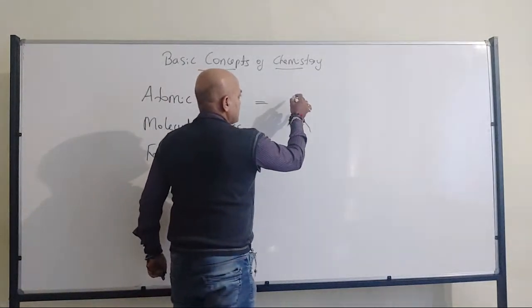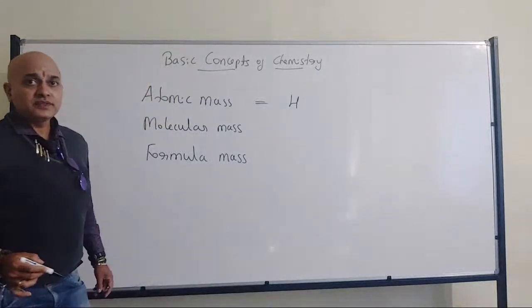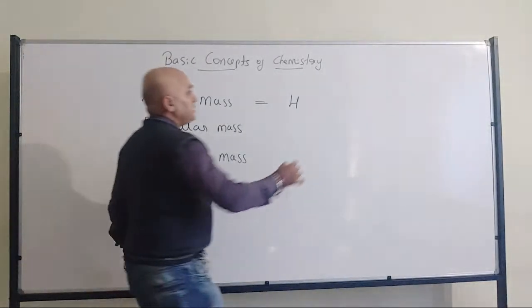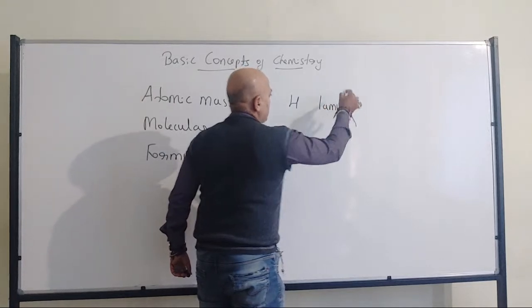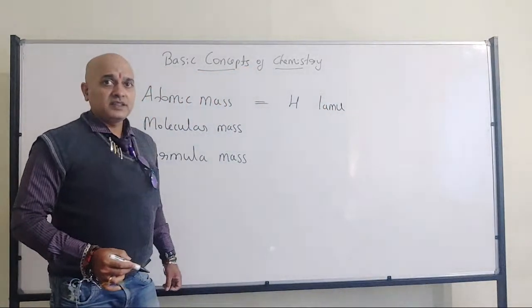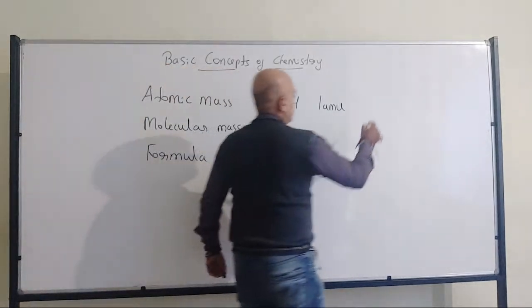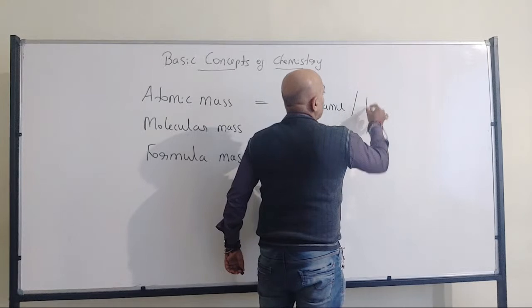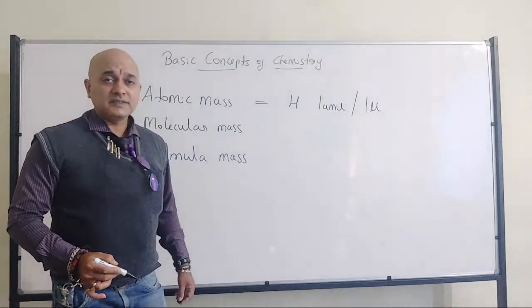So, if I take a simple element, that is hydrogen atom, atomic mass of hydrogen atom can be represented as 1 atomic mass unit. Round off, I am making it as round off, 1 atomic mass unit. Or I can mention it as 1 unified mass.